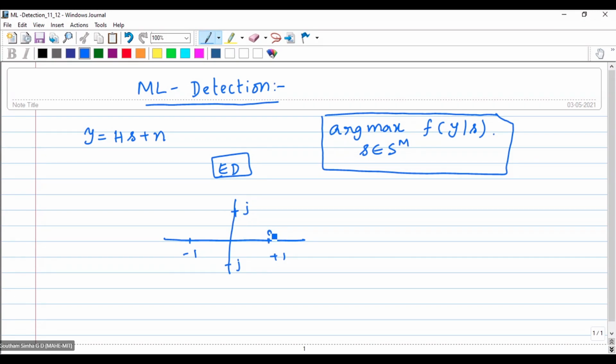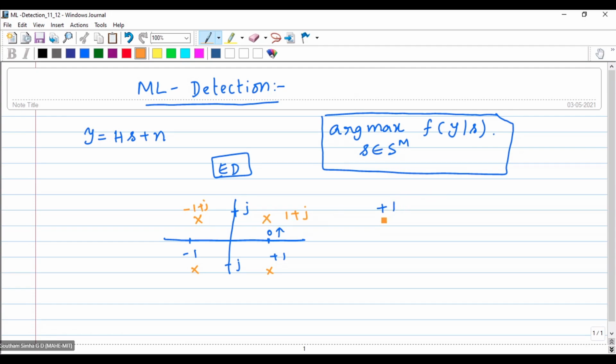If this point is radiated over the space, that is nothing but +1 is radiated. Instead, if you have an offset QPSK point, that is also the same, and this will be 1 plus j, and this will be -1 plus j, and so on and so forth.